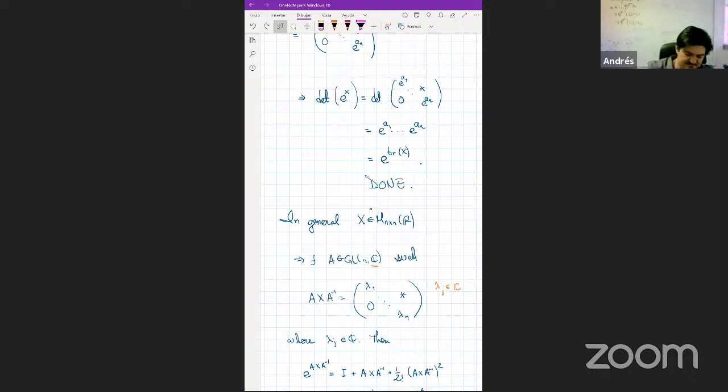Now, let's apply E to this matrix. And right now, I'm only going to use this expression. I don't care that it looks like this.